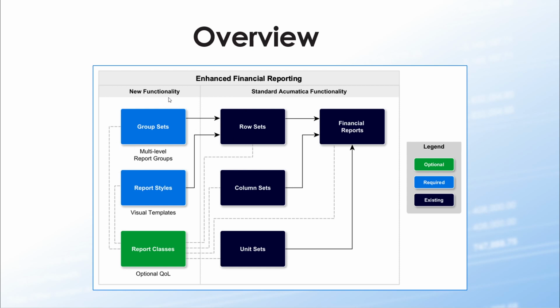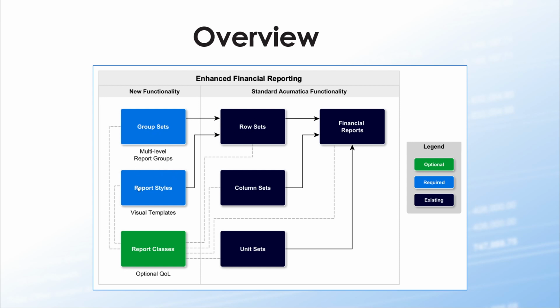The group set is that report structure, which then combines with the style you choose. And for each element in the group set, the report tree plus the account class, it builds the row sets.